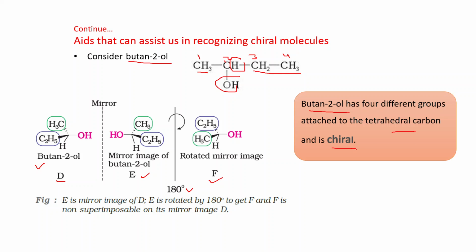That's why this is chiral. Now if you try to overlap or superimpose this on this one, you will observe that these are not overlapped. These are not superimposed. That's why these are referred to as non-superimposable mirror images, and this butane-2-ol is an optically active compound because this is a chiral molecule.